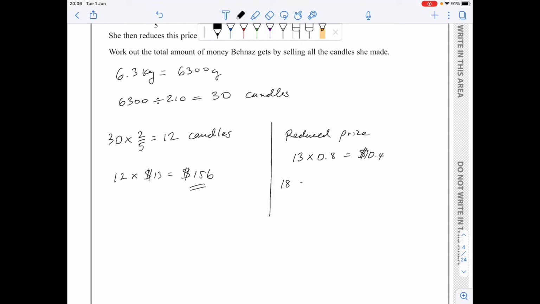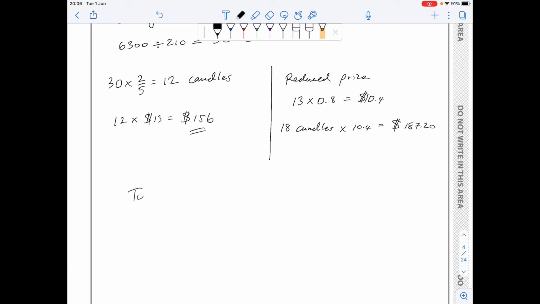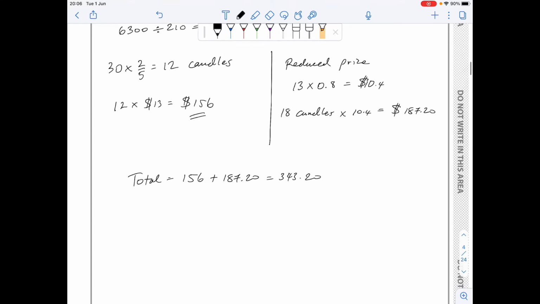So 18 candles times 10.4. This is 187.20. So the total amount received is 156 plus 187.20, which is 343.20.